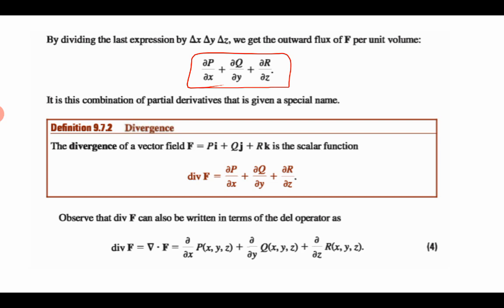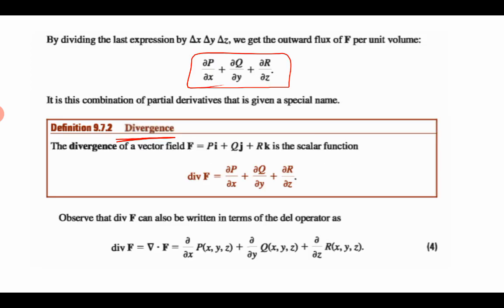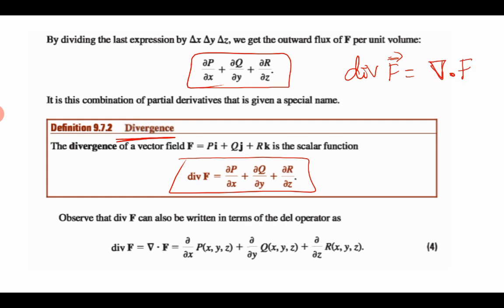This is called divergence. How to find divergence without doing all this task is given here. The formula for divergence of the vector field F is the del operator dot product with the F vector. So del performs three important tasks here.